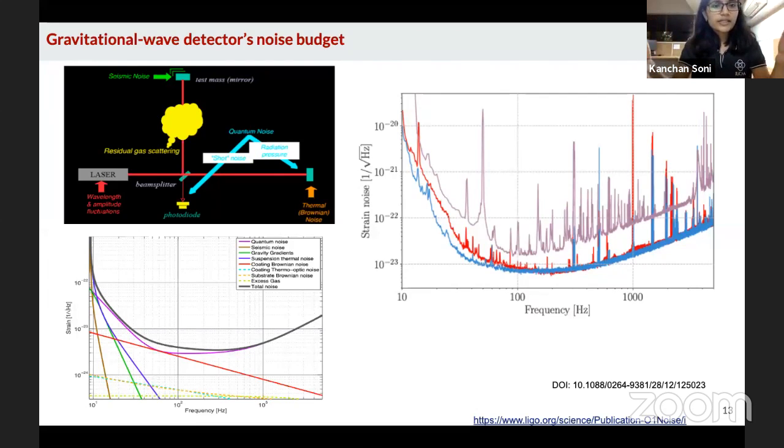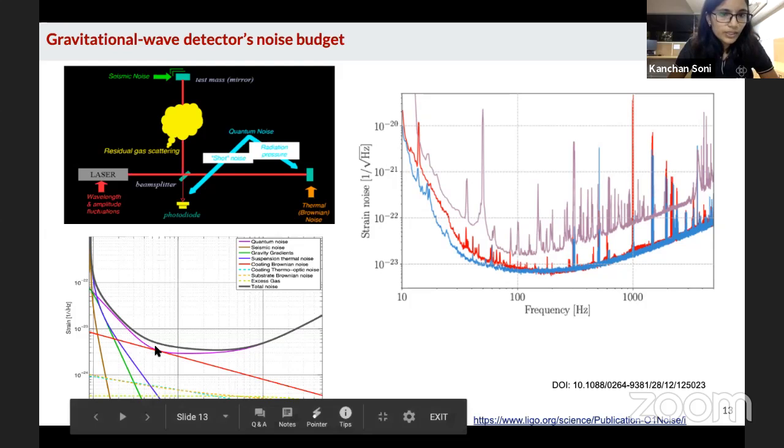And these are like freely suspended mirrors because we don't want them to interact with any seismic activity which goes on Earth. So this is one of the reasons. So we have lots of components over here, and each component contributes some sort of noise. Okay, so let's see what kind of noise we see from the gravitational wave detector, excluding the signal over here.